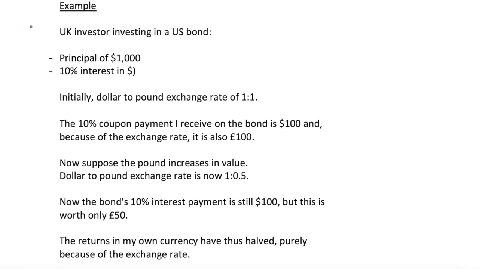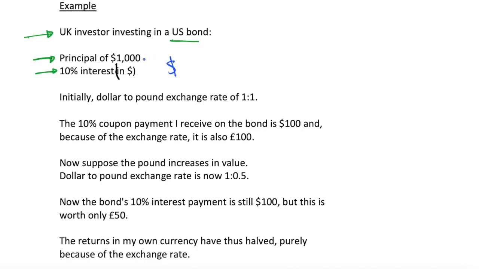So, as I've just mentioned, let's assume that we are based in the UK and we're investing in a bond in the United States. So the principal of this bond is going to be $1,000 and the bond pays 10% interest in dollars. So obviously because it's a US bond, it pays interest in US currency, which is dollars.